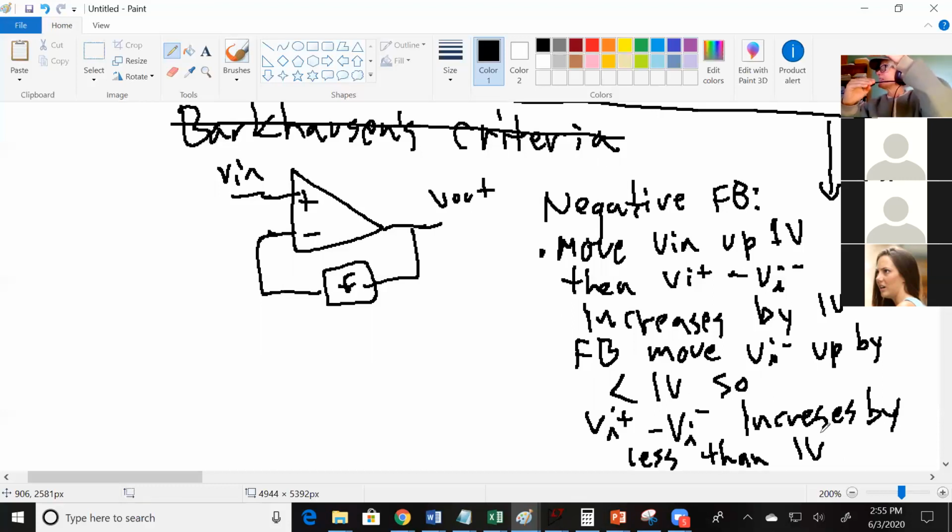So if you tried to change the difference by a volt, and the feedback came up and moved VI minus up, so the difference actually changed by less than a volt, that's negative feedback. Positive feedback is, say you move VI plus up by 1 volt, and your feedback moves it down, so the difference between VI plus and VI minus actually changed by more than 1 volt. That's positive feedback.